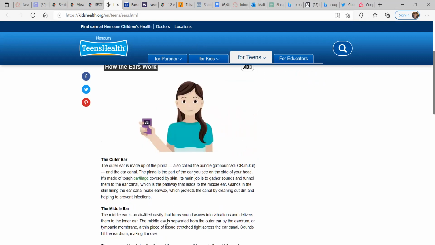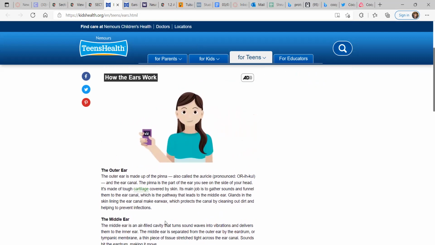All right. So an easy way to break these sections of the ear down is to think about what each section is trying to do. The outer ear is trying to take in sounds, right?